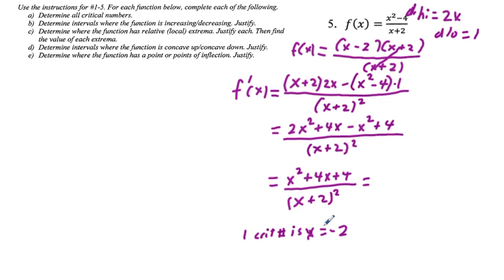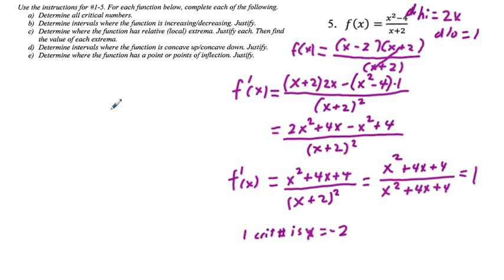Just from this. Now, if we expand the bottom, we have x squared plus 4x plus 4, and in the denominator we have x squared plus 4x plus 4. And what happens when we make this division? 1. So f prime of x is 1. So determine all critical numbers. We have x equals -2. Determine intervals where the function is increasing, decreasing.